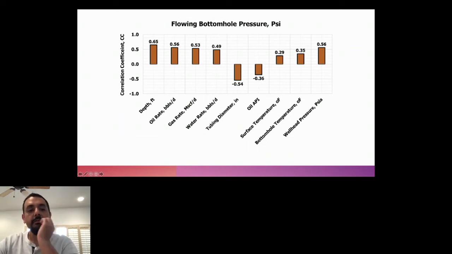But we can have multiple notebooks and data models that can run in parallel and can give us the prediction for that flowing bottom hole pressure.